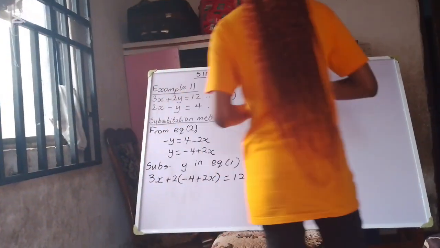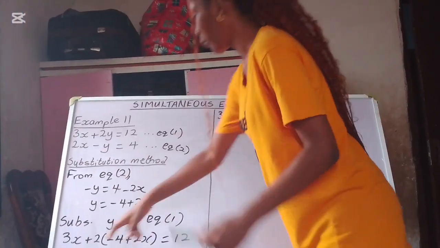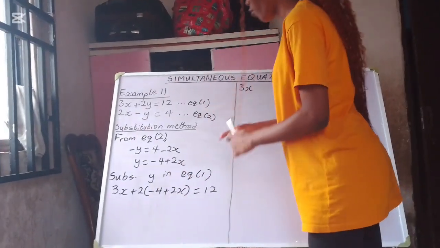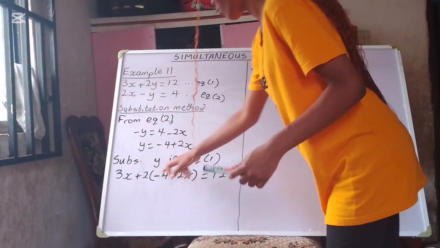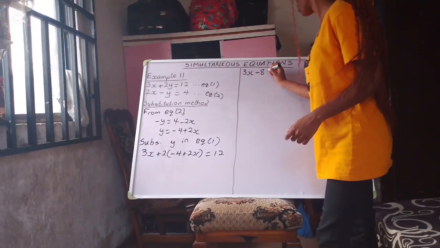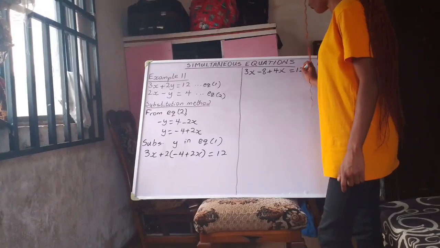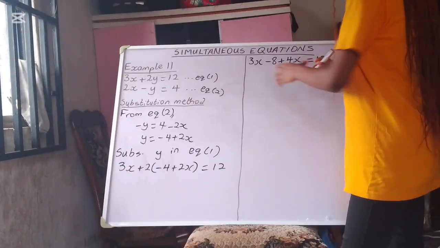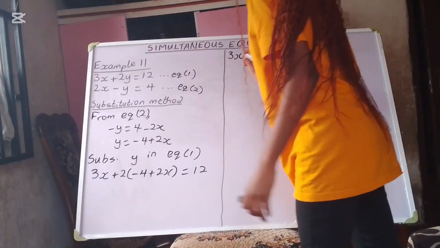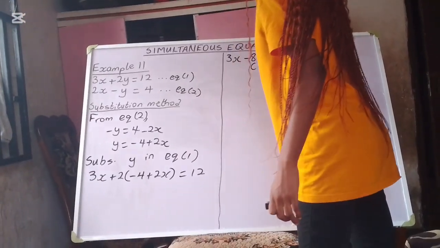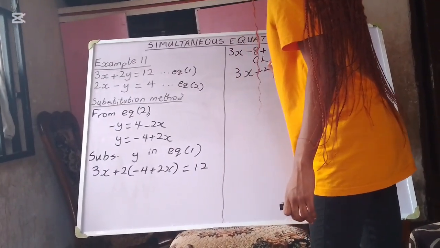So if we multiply through, we'll have 3x plus 2 multiplying minus 4 will give us minus 8, and plus 2 multiplying plus 2x will give us plus 4x, and this is equal to 12. So, let's collect like terms first. If we collect like terms, then we'll have 3x plus 4x.